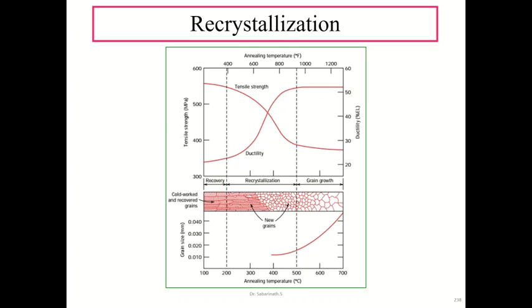The new grains formed in the recrystallization stage will also increase in size. So this is the relation between the annealing temperature and the tensile strength, ductility and grain size.